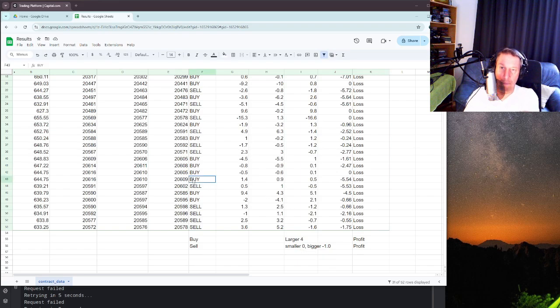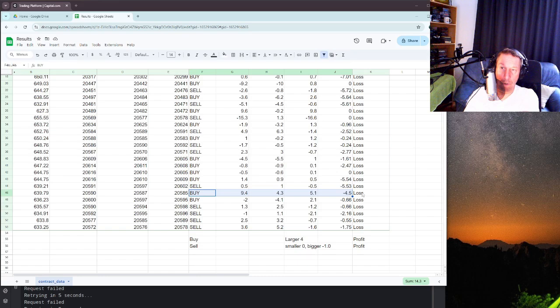I've got a buy, with, there is no buy with a histogram larger than 4. Do I? Yeah, there. I have one there. There's a buy with a histogram larger than 4, and it was a loss of 4.5.